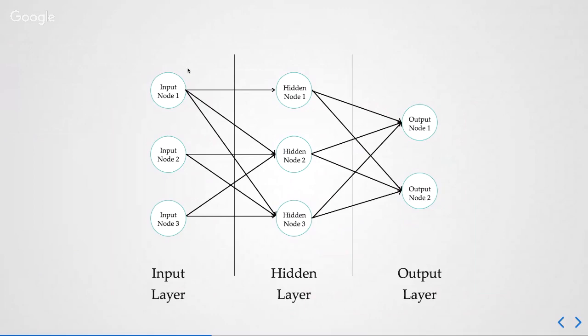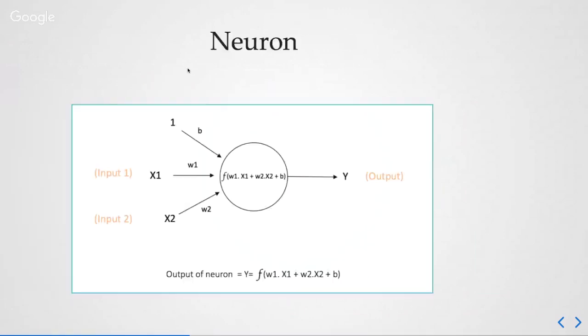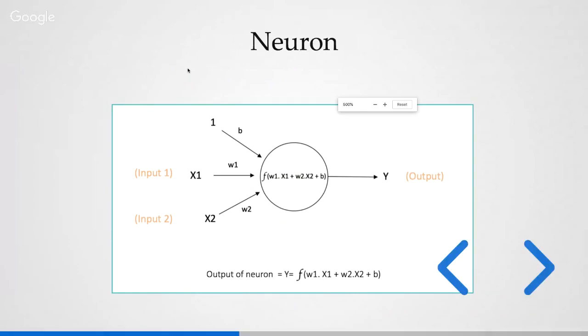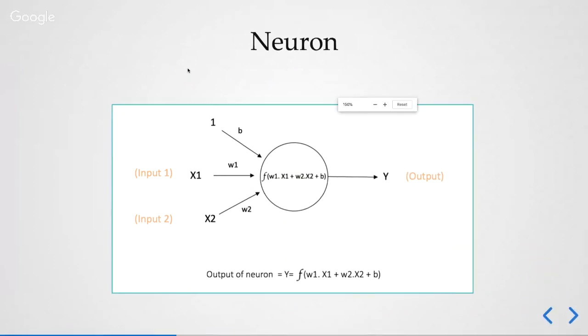Yeah, this is a better representation. Each of those nodes that you see in the previous image, like a circle, and the arrows are essentially this thing called weights.